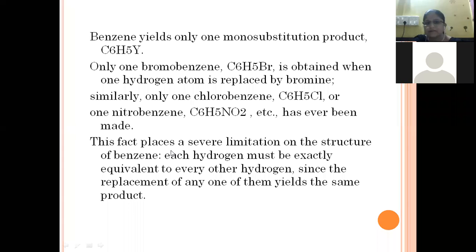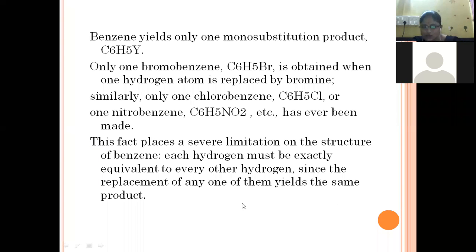But this fact places severe limitations on the structure of benzene, as each hydrogen atom in benzene must be exactly equivalent. We know the Kekulé structure of benzene, and all the hydrogen atoms are exactly equivalent to every other hydrogen atom, since the replacement of any of them gives the same product.